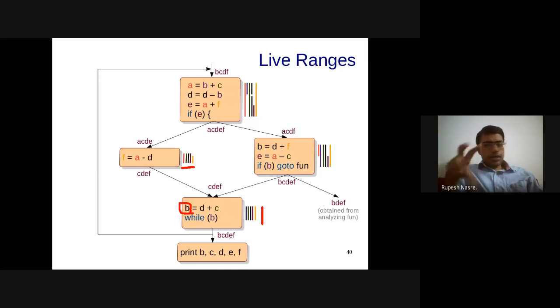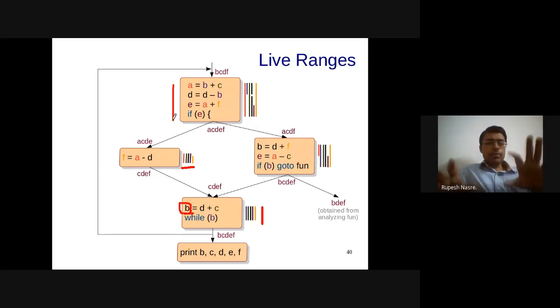If it is not in SSA form, then you will have multiple definitions to the same variable in the program. As soon as you have multiple definitions, the live ranges are anyway going to get split. So for example, if this is A equal to B plus C, and in the same basic block there is A equal to E plus F, another definition of A, then the live range of the first assignment is not going to go beyond the second assignment.